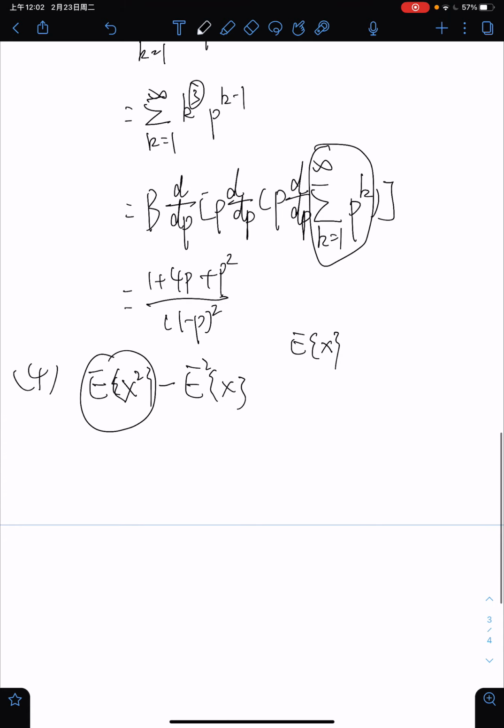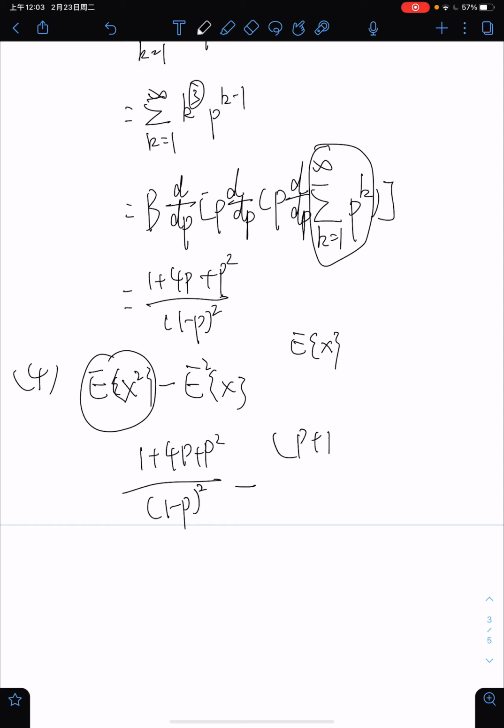It's very easy to calculate, okay? So I just write it down directly. And the result is this one.